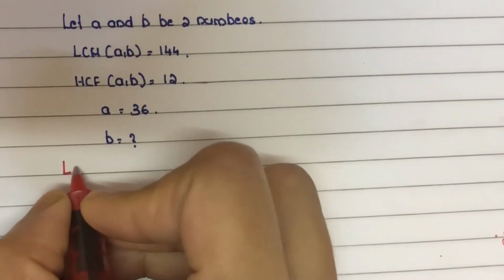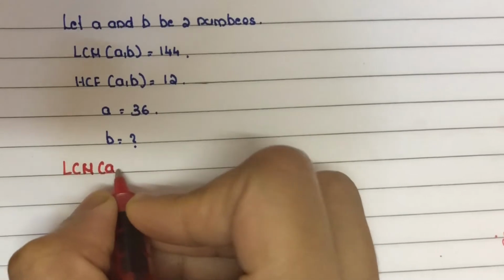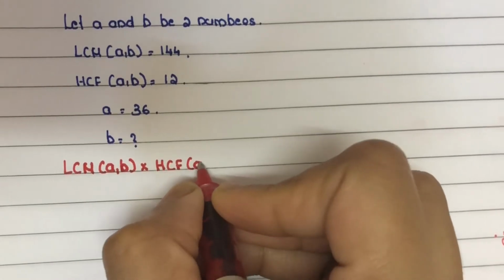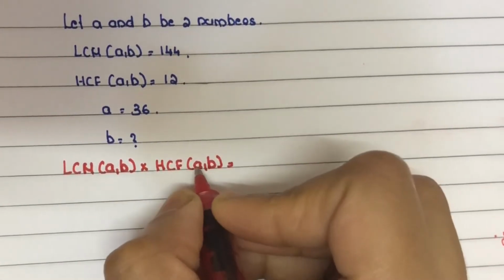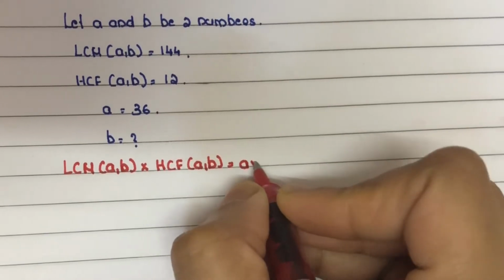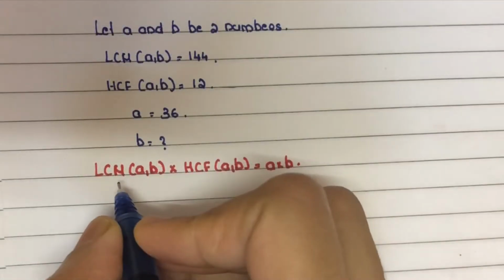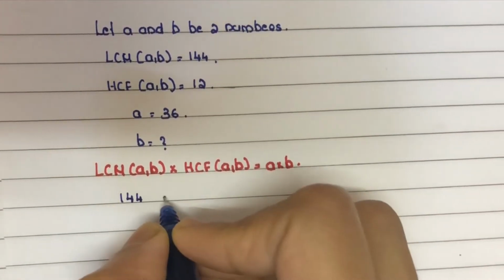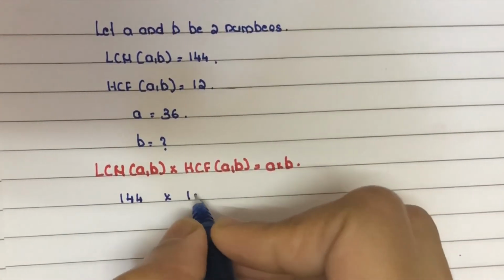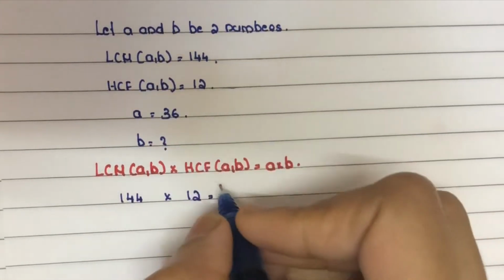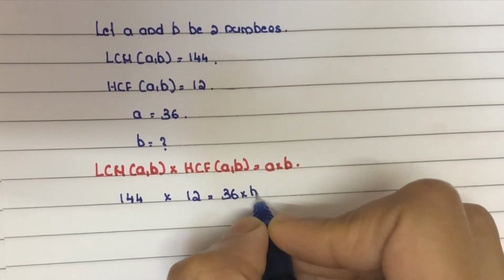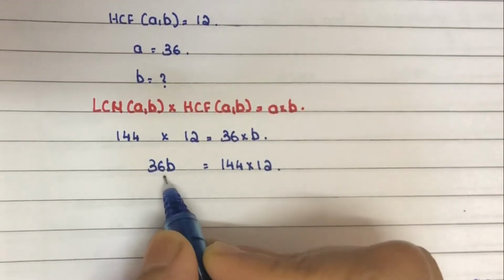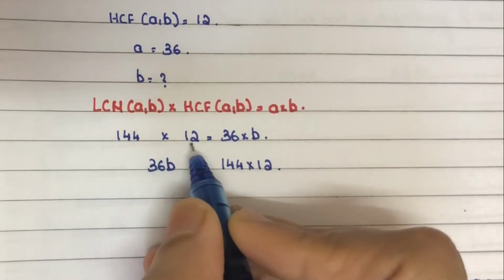Now we know that LCM of A, B into HCF of A, B is equal to the product of the two numbers, that is A into B. Here LCM is 144, 144 into HCF 12 is equal to one number 36, 36 into B. This we can write as 36B is equal to 144 into 12.